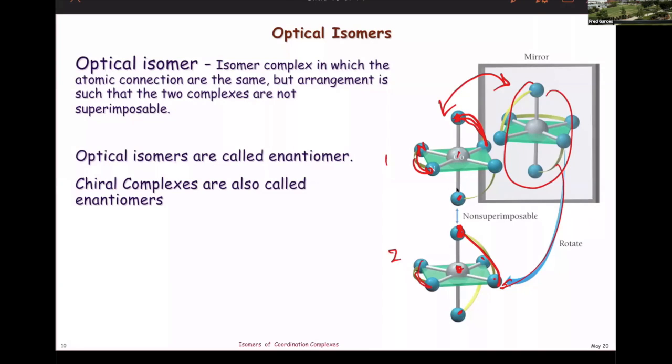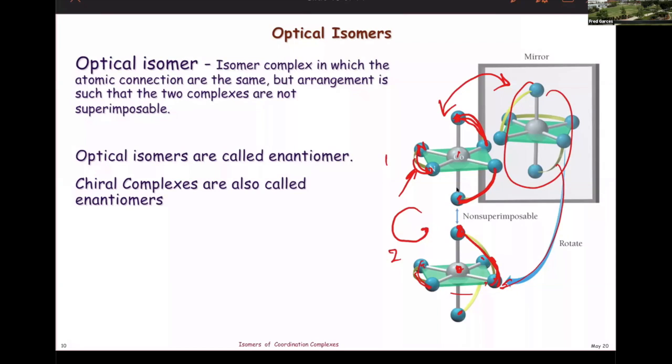If you rotate this, let's say 90 degrees, so that now this is over here, what happens is that these two come in front of you, which is not this at all. So you could keep twisting and turning these things to try and align these bidentate ligands so that they are superimposable.